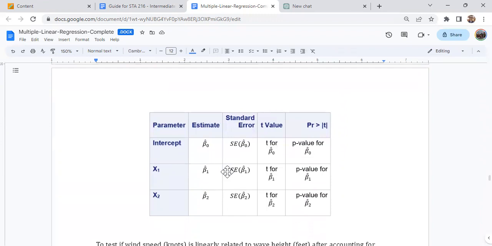So SAS gives you this output. I made it general, but all these would be numbers in here, where it gives you the beta hats and their standard errors. To test if the true beta is 0 or not, it involves a t-test. Each one has its own t-test and its own p-value.